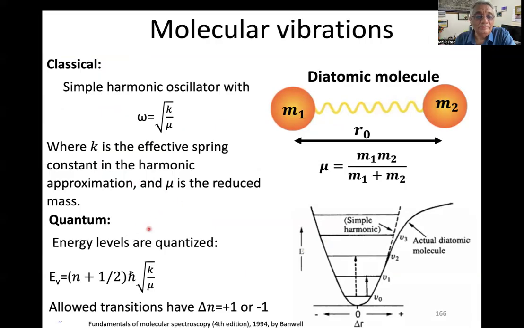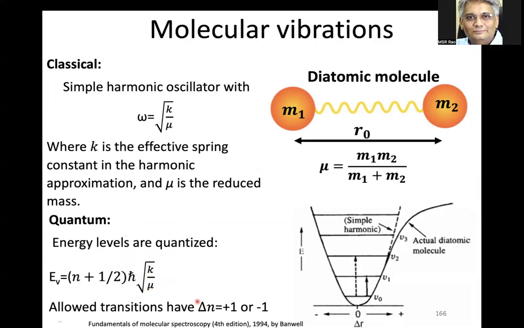In the case of quantum, if you have to give a quantum analogy to this, you know that the energy levels are quantized, and your E nu is (n plus half) times reduced Planck constant times root of K by mu.